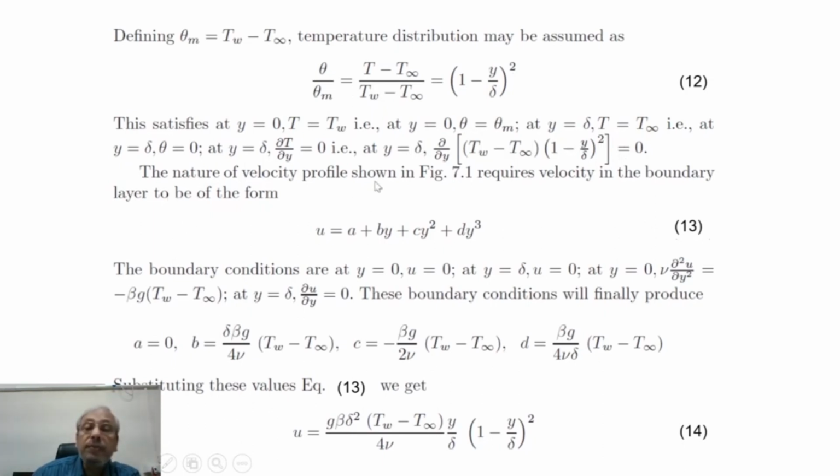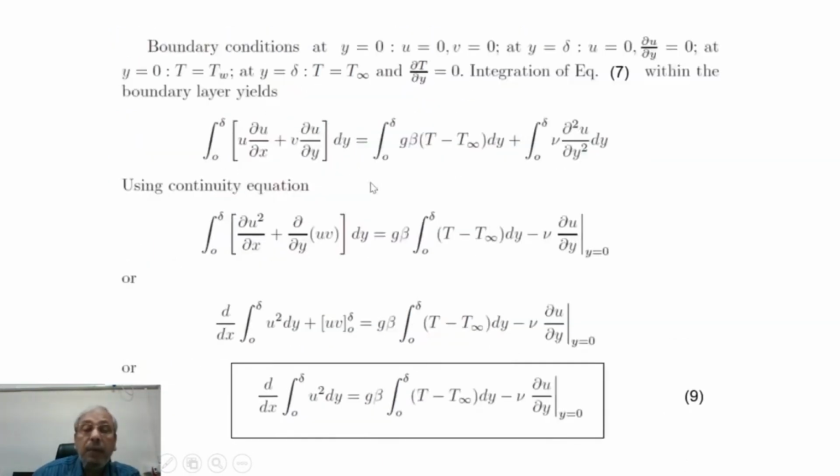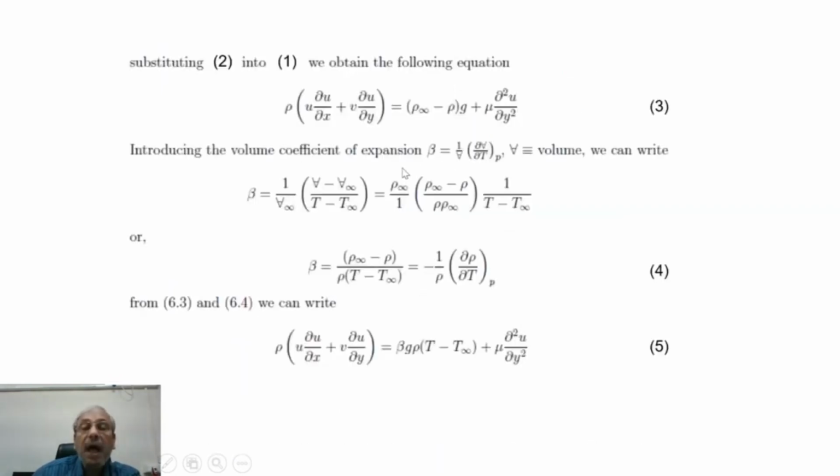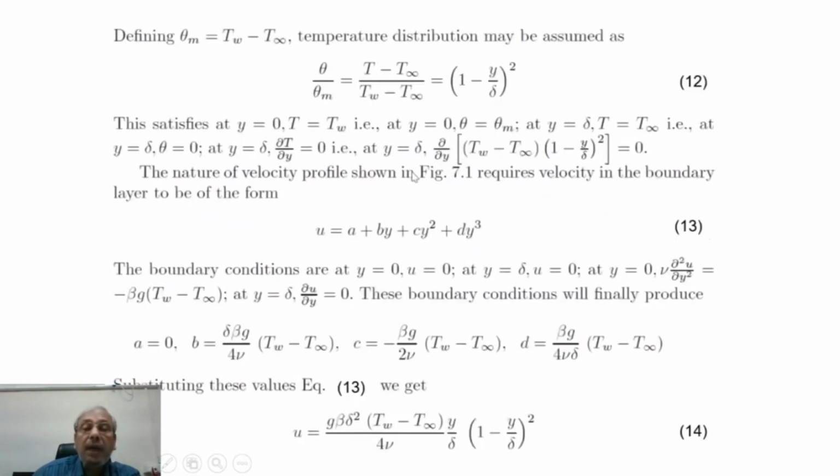Now for the velocity profile, again we can go back to this basic schematic, and we can take a higher order polynomial a plus by plus cy square plus dy cube. Again the boundary conditions are at y equal to 0, u equal to 0, at y equal to delta also u equal to 0, outside the boundary layer there is no velocity.